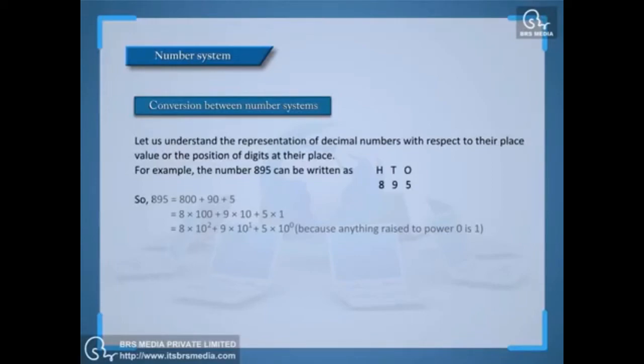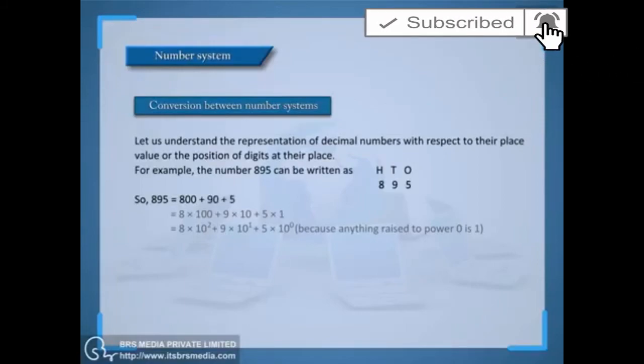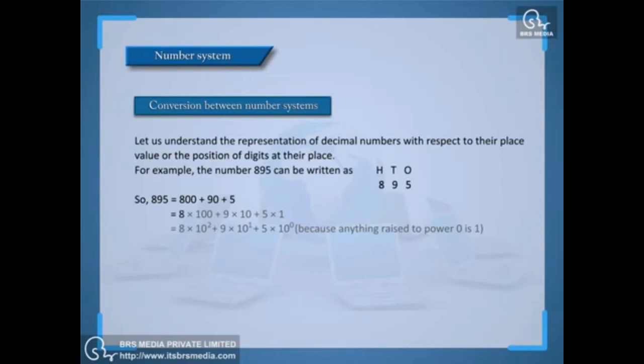So, 895 is equal to 800 plus 90 plus 5, which is equal to 8 into 100 plus 9 into 10 plus 5 into 1, which is equal to 8 into 10 raised to power 2 plus 9 into 10 raised to power 1 plus 5 into 10 raised to power 0, because anything raised to power 0 is 1.